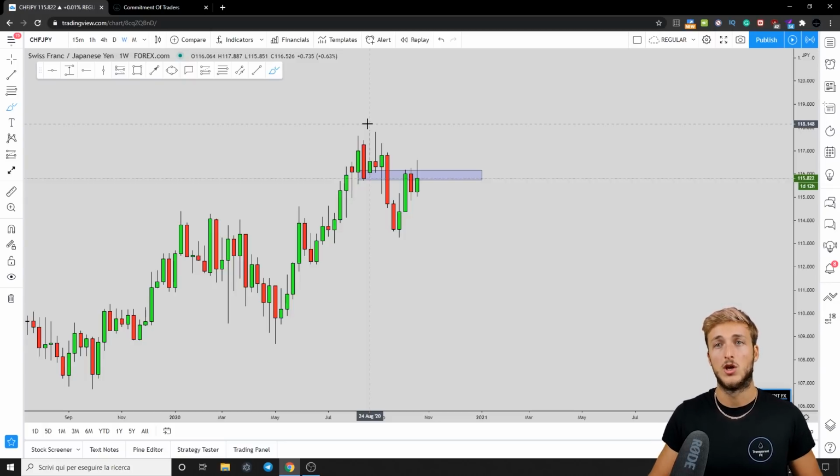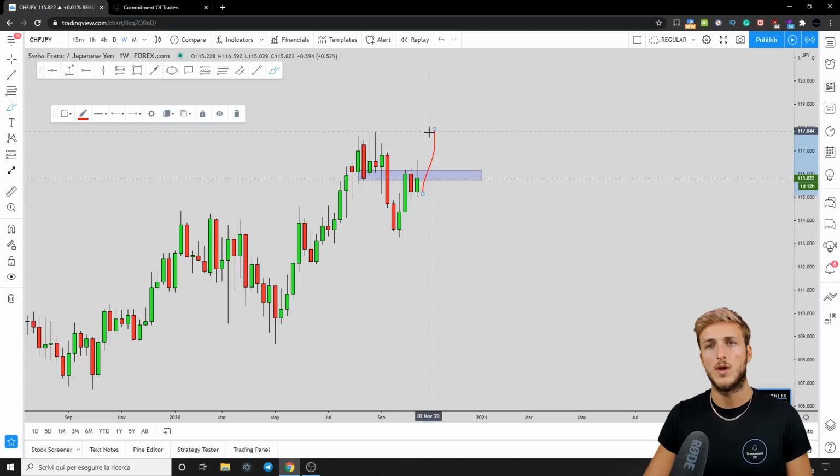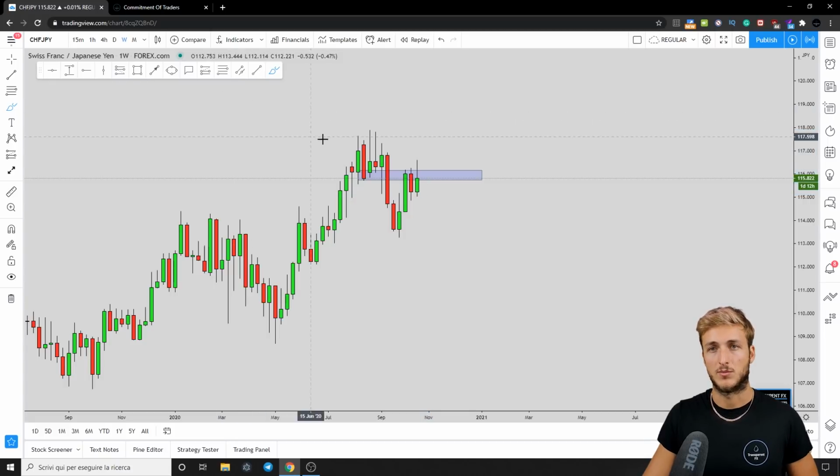However, on the weekly, we just identified a level of resistance, which the market is currently testing. So if the market wants to continue to the upside, it needs to break this weekly resistance. So we have a level inside of the pattern that we would like to see the market complete from a monthly perspective, which will need to be broken in order for the pattern to actually work out.